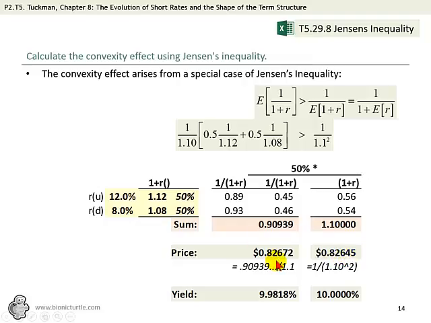And so because this price is slightly higher, its yield is slightly lower. And so that's really the implementation of this Jensen's inequality that shows us here how that convexity effect has a slightly depressing effect on the yield.